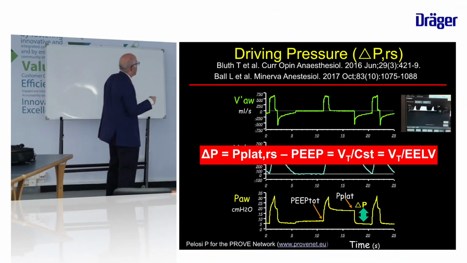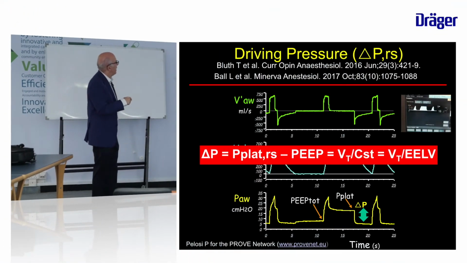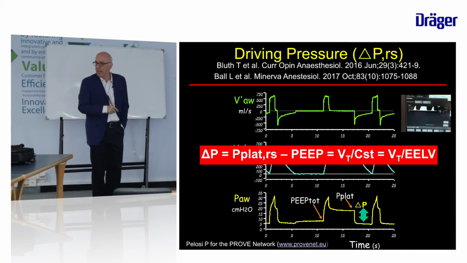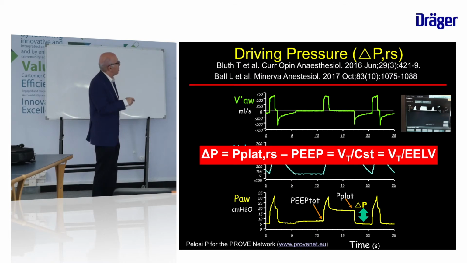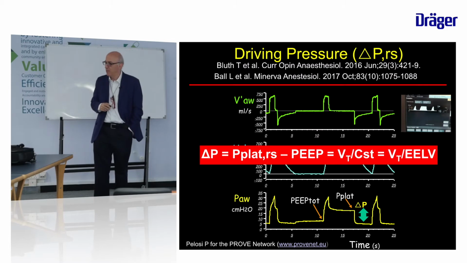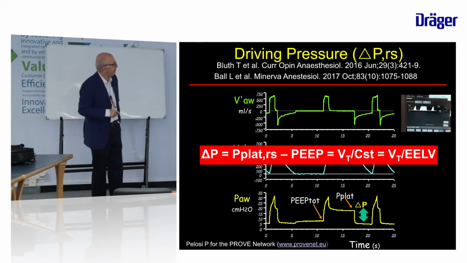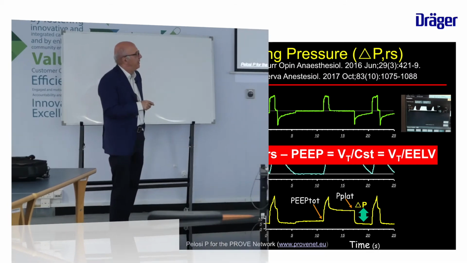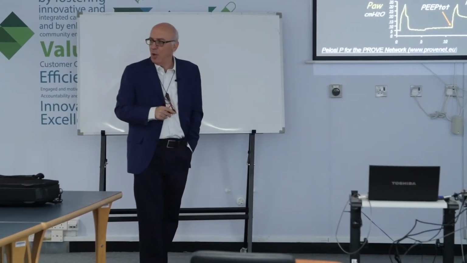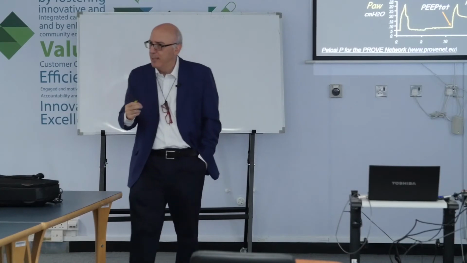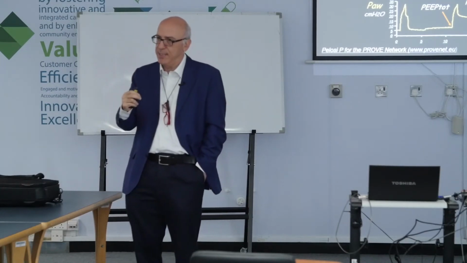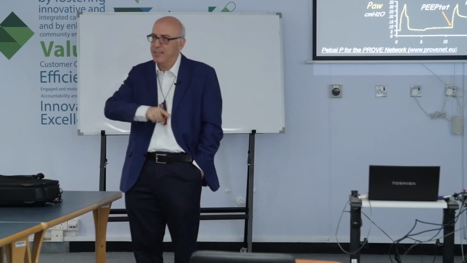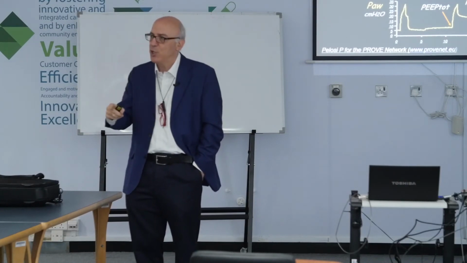It's important because the driving pressure is the difference between plateau pressure of the respiratory system and PEEP, or auto PEEP. So it's the ratio between tidal volume and the compliance of the respiratory system, okay? In other terms, it is the tidal volume divided by the end expiratory lung volume, if you assume that the compliance of the respiratory system is associated with the aeration in the lung.